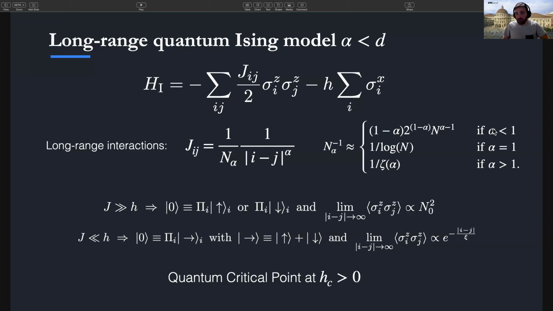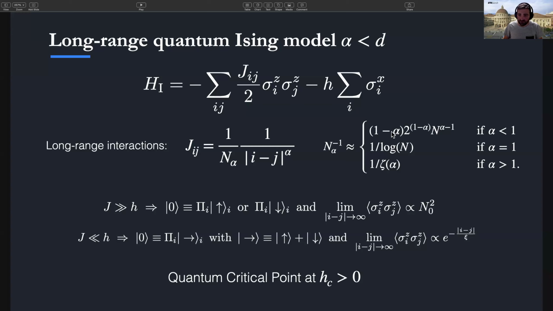While for alpha smaller than 1, these interactions become basically non-extensive because the scaling of the ferromagnetic energy for a ferromagnetic ground state is more than linear with the system size. And so we need to include a scaling factor N to the alpha, and this scaling factor is reported in here, and this scaling factor makes it in such a way that the ferromagnetic contribution to the system internal energy and the paramagnetic contribution have the same extensive scaling.